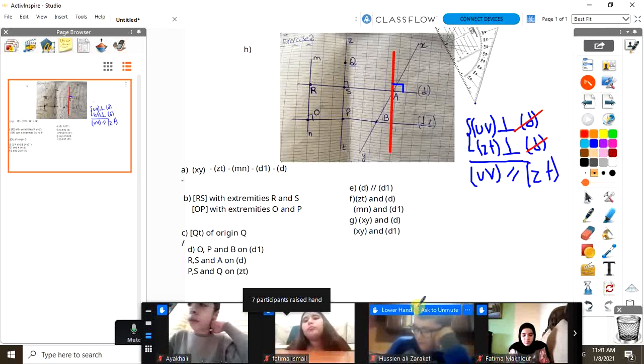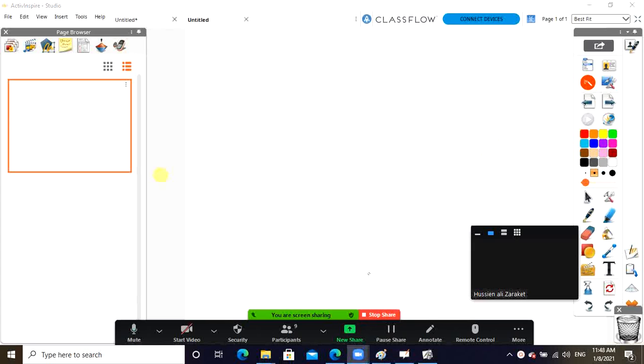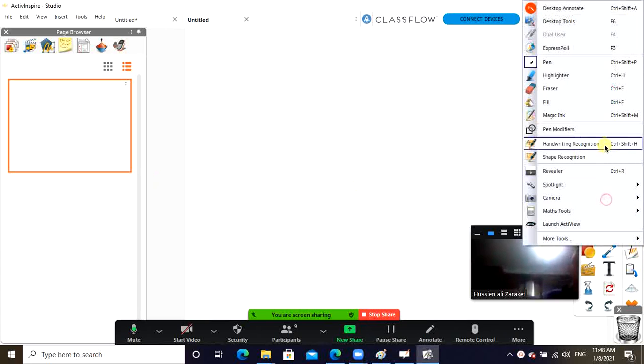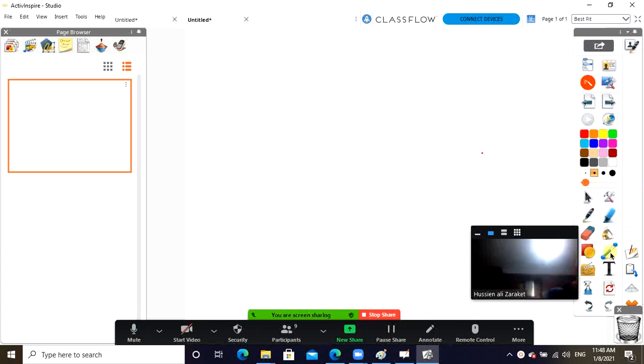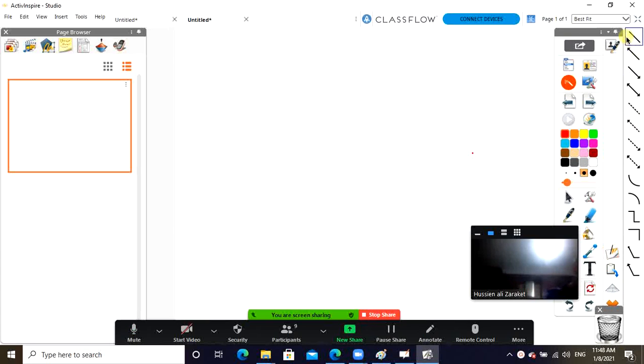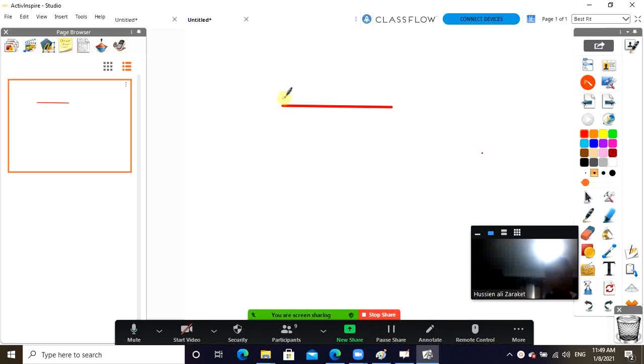Okay, teacher? Yes. Now, in exercise 3, draw a segment AB of 5 centimeter length. Okay, are you with me? Here we are. This is AB, 5 centimeter. I will put the segment and my extremities A and B. Then they are asking to draw D, the perpendicular bisector of AB.